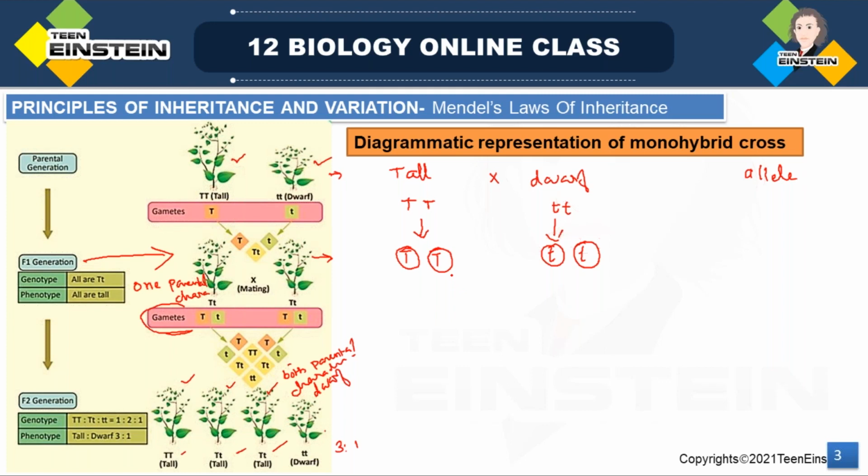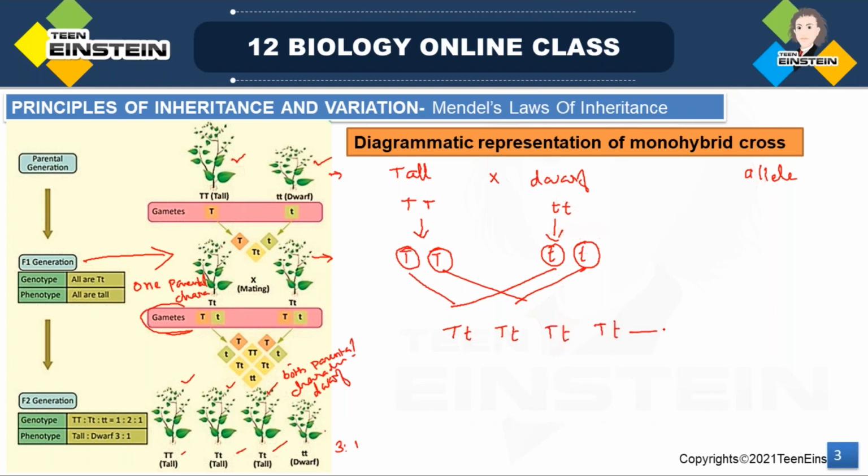Then in the first generation, these gametes form combinations, and in the same way the other combinations, so finally you will get capital T, small t, capital T, small t, capital T, small t, capital T, small t.